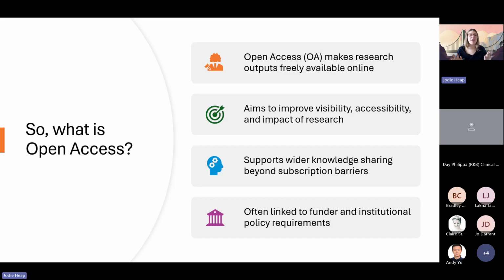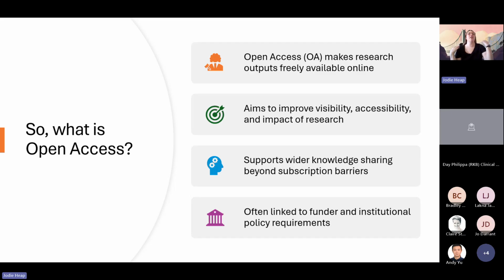Simply put, open access makes research outputs freely available online. It aims to improve visibility, accessibility, and supports the impact of your work. So the more open and accessible your work is, the more people can see it, the more people can use it, and the greater your impact is going to be.